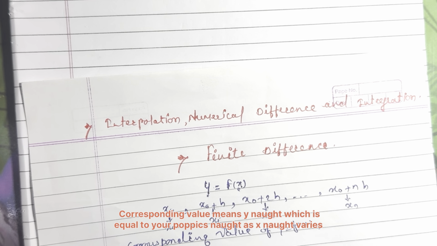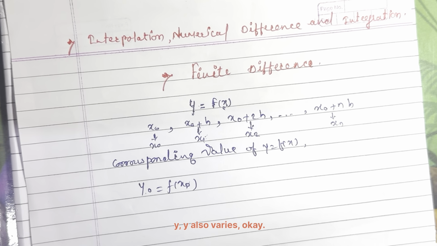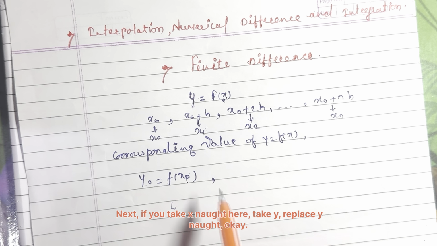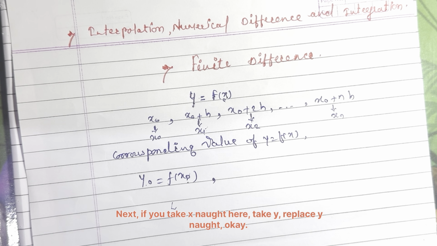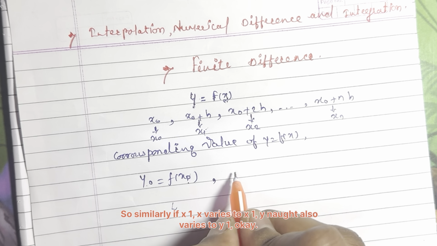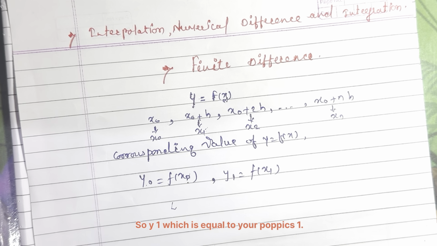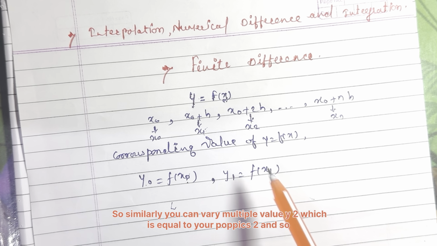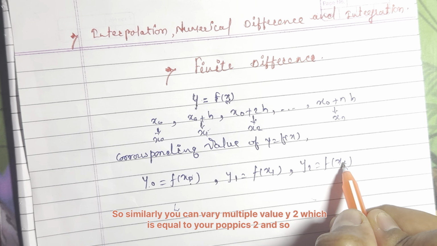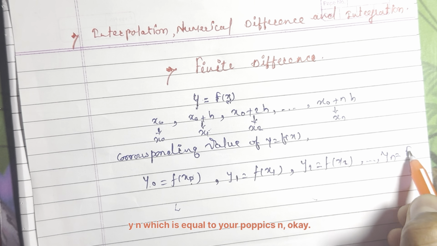Corresponding value means y naught equals f of x naught. As x naught varies, y also varies. Similarly, if x varies to x1, y varies to y1, so y1 equals f of x1. Similarly y2 equals f of x2, and so on, up to yn equals f of xn.